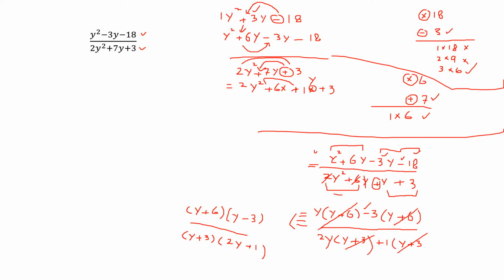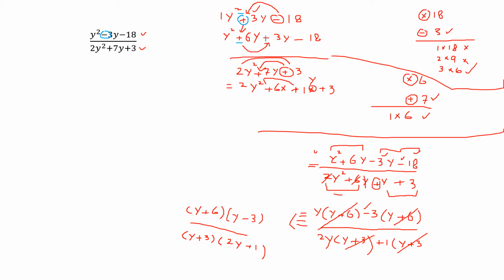If I change color, I will show you. Look, here I took sign plus, while in the question it is minus, right? So if I make it minus, this will be minus 6y, and this will become plus 3y. Okay, I'm going to make changes now.